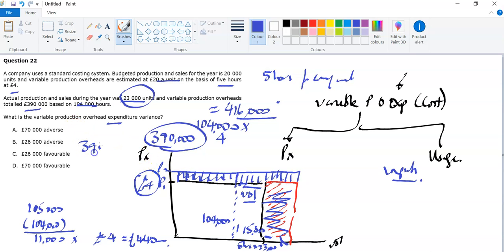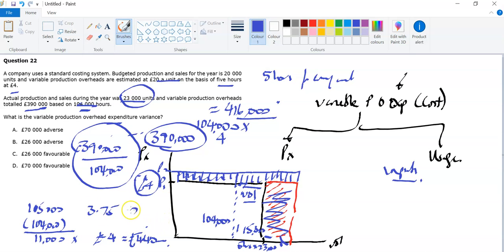Now, really, ultimately, I could have done this differently. I could have said, what's 390,000 divided by 104,000? To actually find out, right? Because you spent £390,000 on 104,000 hours. So if I actually wanted to know how much you spent an hour, it's 390 divided by 104, which is £3.75.